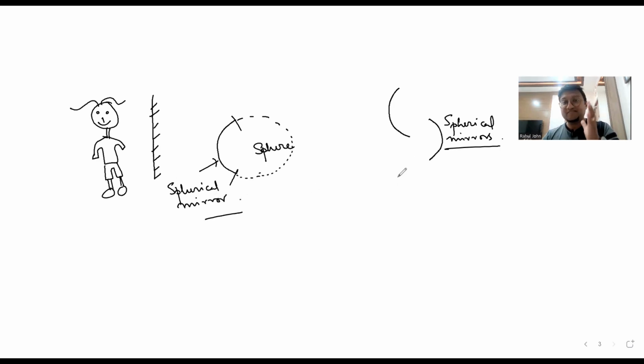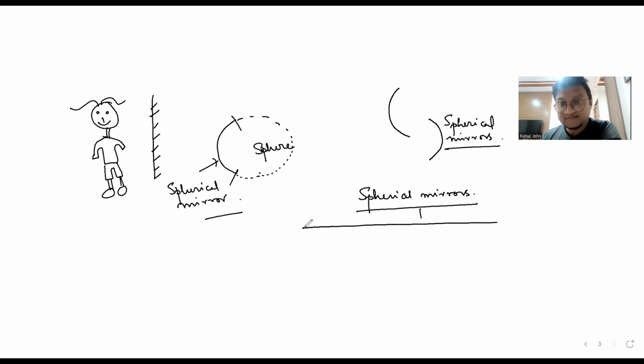Now again, spherical mirrors are of two types. First, a convex mirror, and second, a concave mirror.